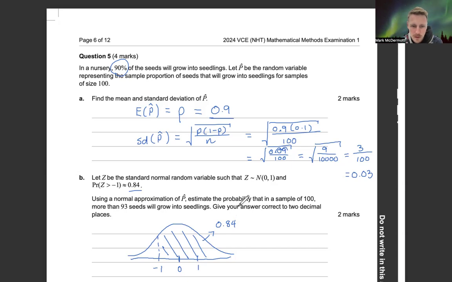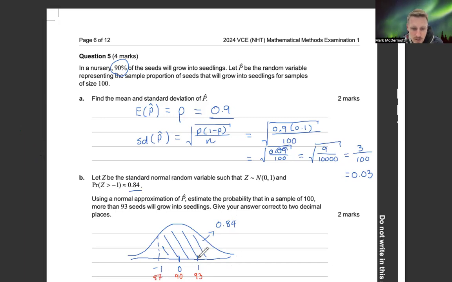Using the normal approximation, more than 93 seeds will grow into seedlings. So, if we make the transformation, the mean would be 90, 93 would be here, 87 would be here.